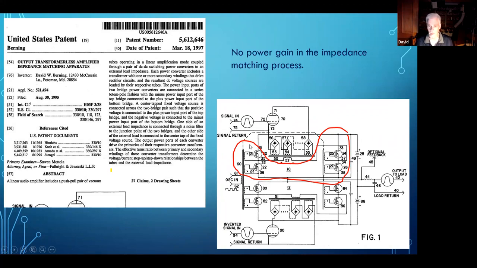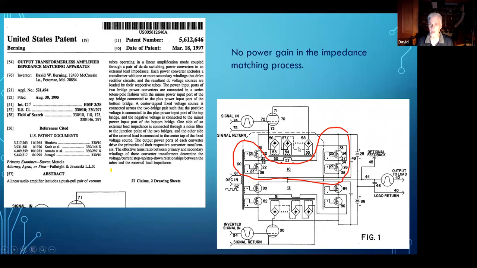So this is like a push-pull type of scenario. You've got a tube up here which is fed a signal in this polarity. These are your 4 switches that I mentioned earlier. These are your rectifier circuits. And I use multiple rectifiers, not just one, for reasons of speed, and you can't get the fast rectifiers at high voltage.